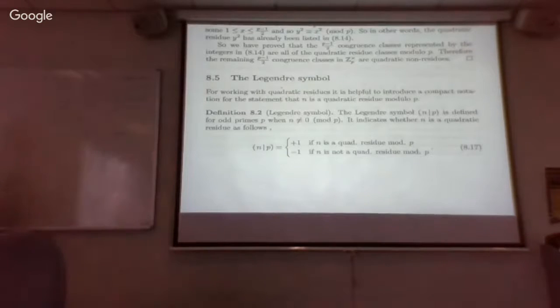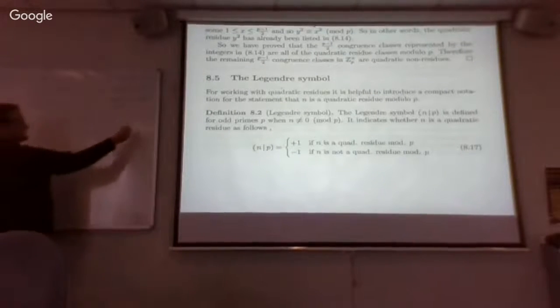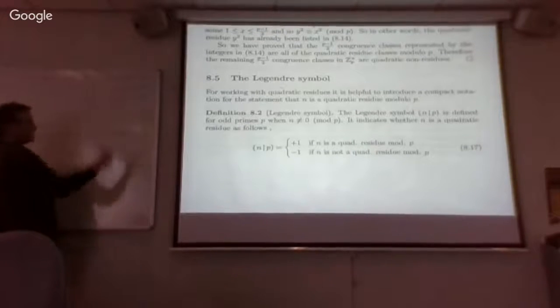That's a general problem floating around, which we don't have any understanding of at the moment, apart from the cases where n is obviously a square, where it's already a square integer. So this is the kind of looming problem at the moment.